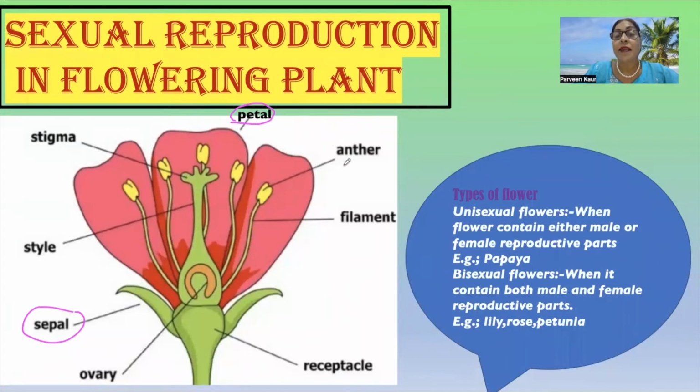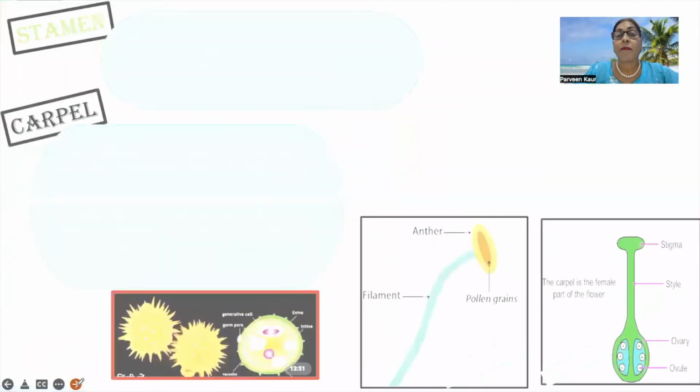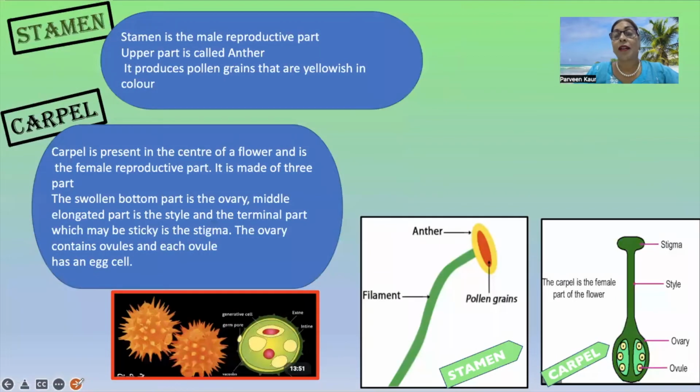Here are some other labels: anther, filament, stigma, style, ovary. Now we will see the male and female reproductive parts. The male reproductive part is called stamen, and the upper part is called anther.